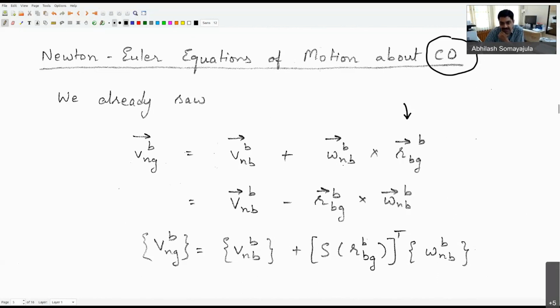Omega nb is the angular velocity of the body, and V_nb^b is the velocity of the coordinate origin CO with respect to the NED frame expressed in the B frame. We saw this before. Everybody comfortable with this?